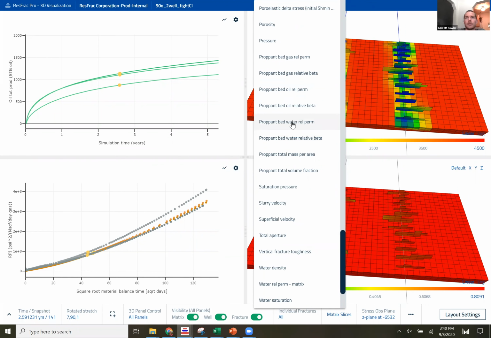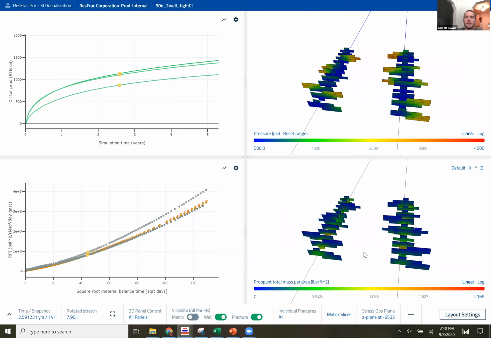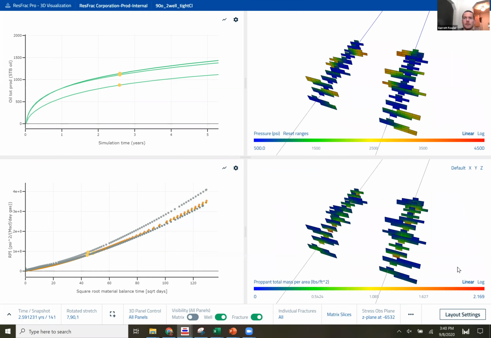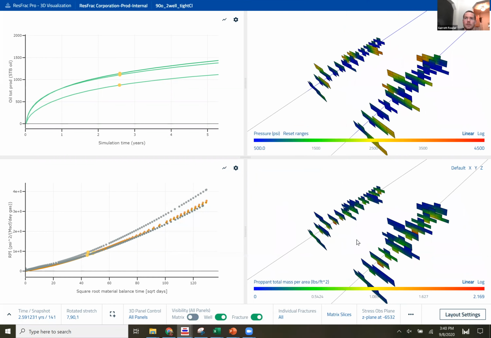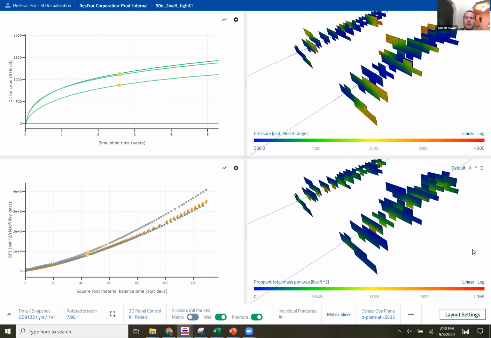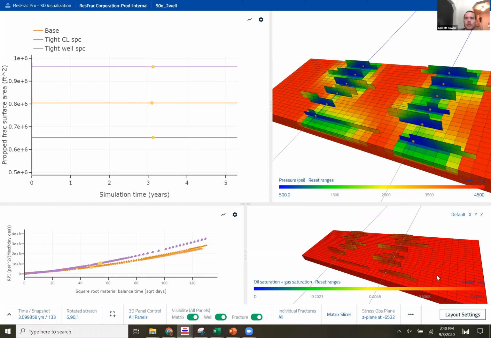And so when we add that up, that's going to be higher than when we separate that between half the number of fractures. There's the propped regions. Come back to the base case.